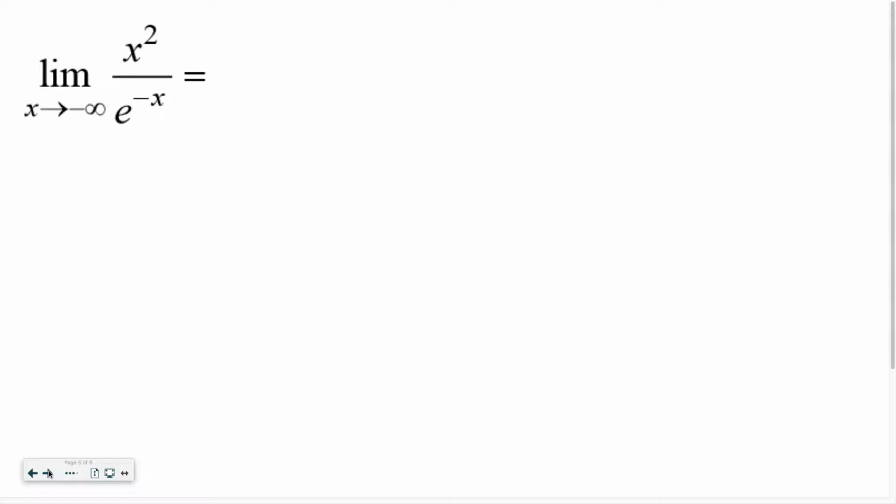If we think about the numerator only, x squared, what happens towards negative infinity? If we think about e to the negative x, that's exponential decay. What's happening towards negative infinity? Exponential decay looks like this.